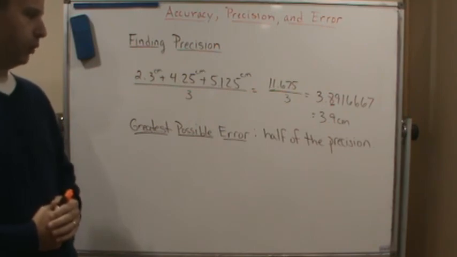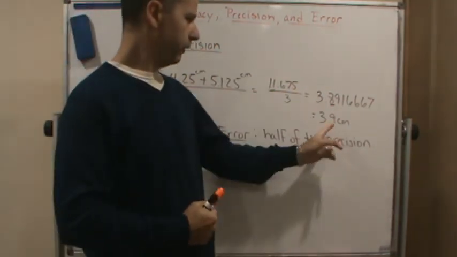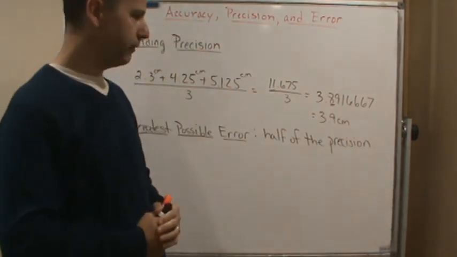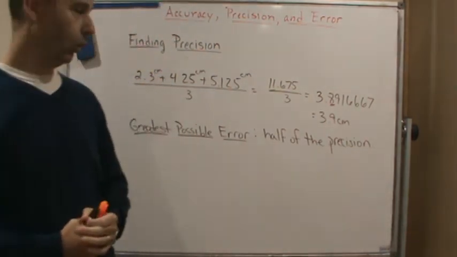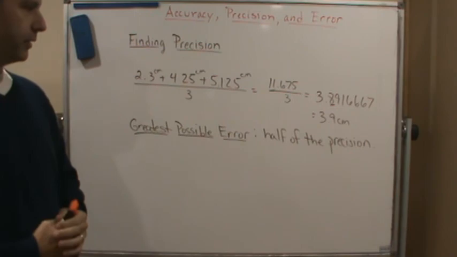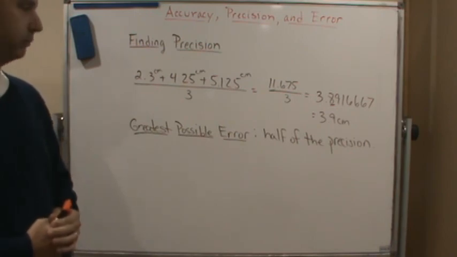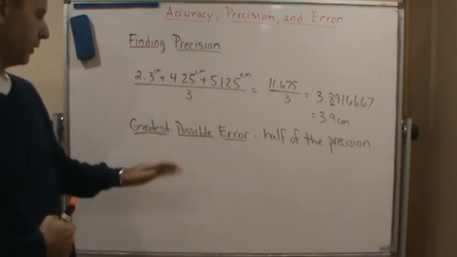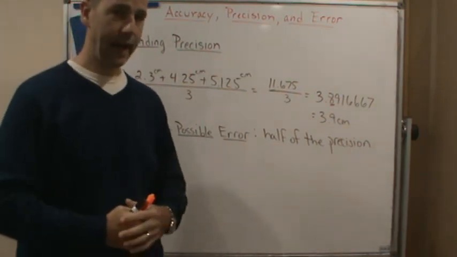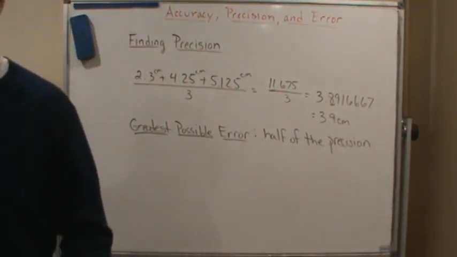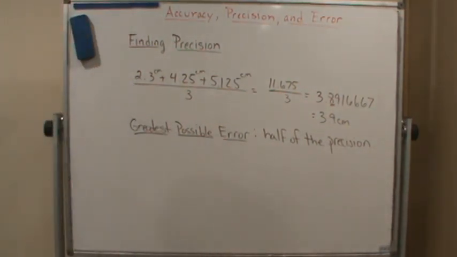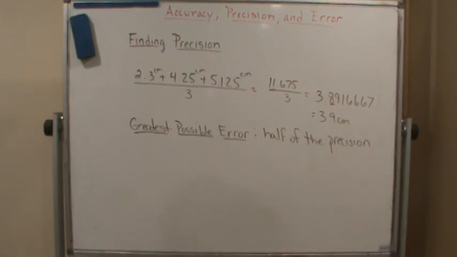So we could be as far off as 3.95 or as low as 3.85. Again, the greatest possible error is half of the precision. Next time we'll talk about the steps of how we determine precision based off of this.